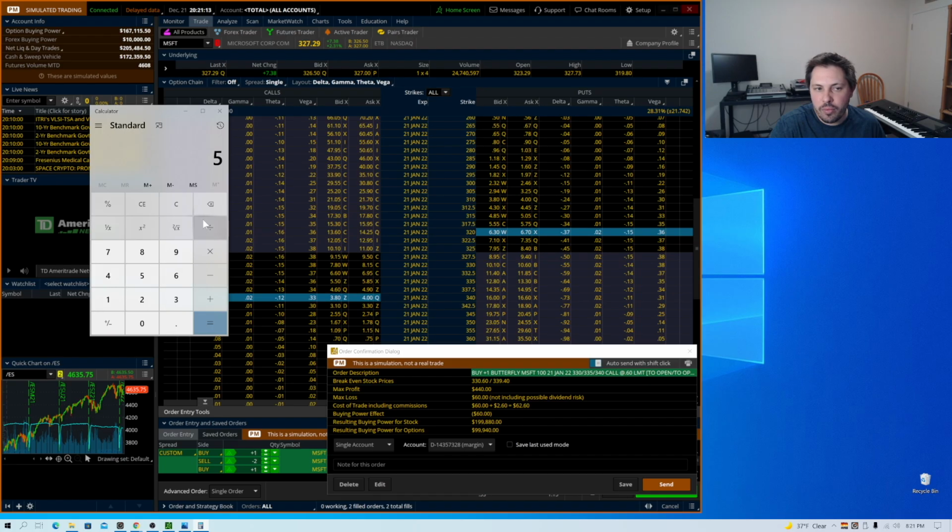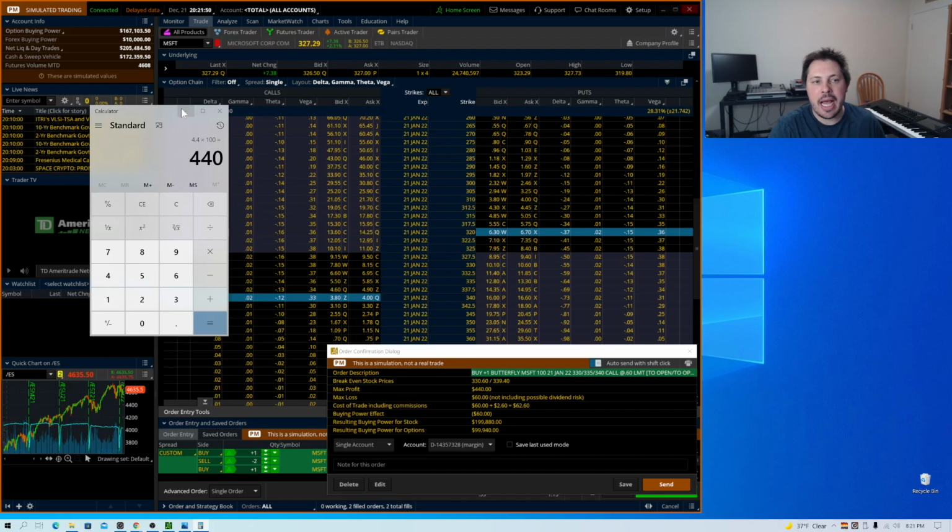So 5-point spread times 100 shares, okay, and then we minus our 60 on that, and that gives us that 440. Okay, so another way to look at this is it's $5 like this, and then we minus that 60 cents that we pay, and that gives us that 4.4 times 100 shares, which then gives us that max profit.